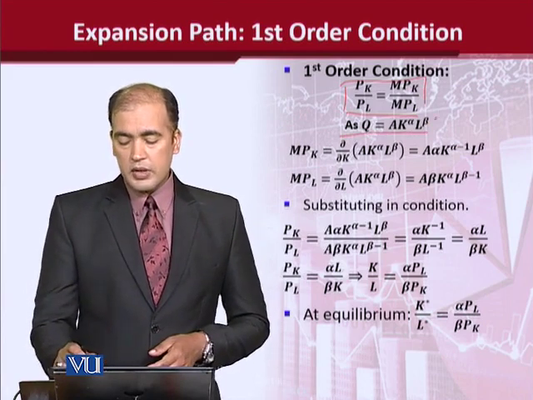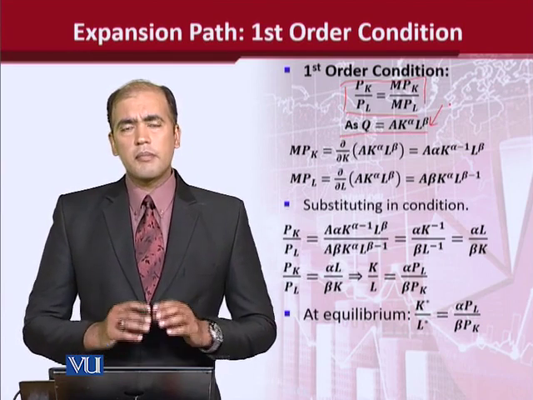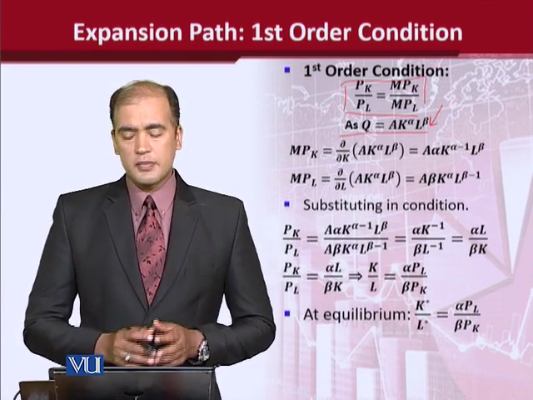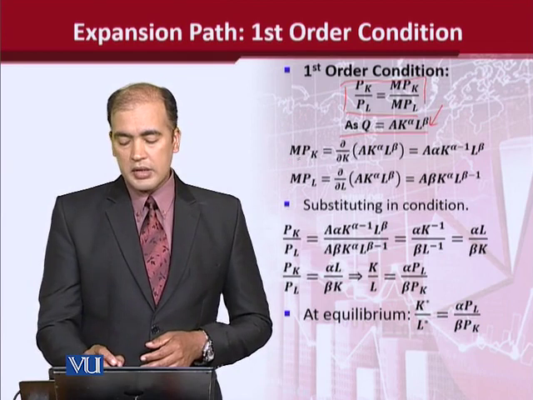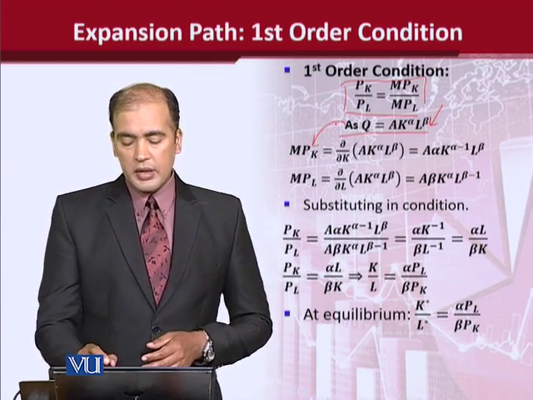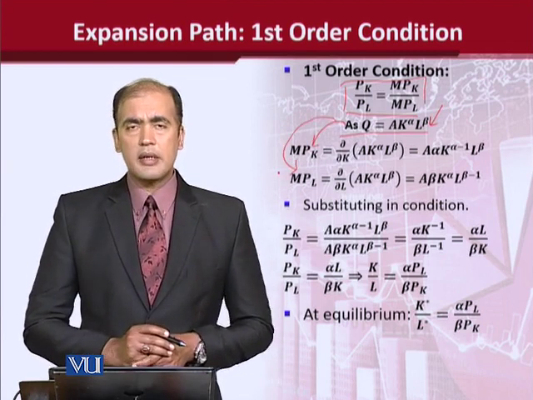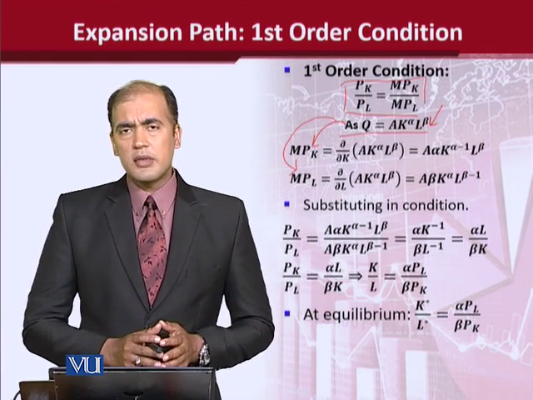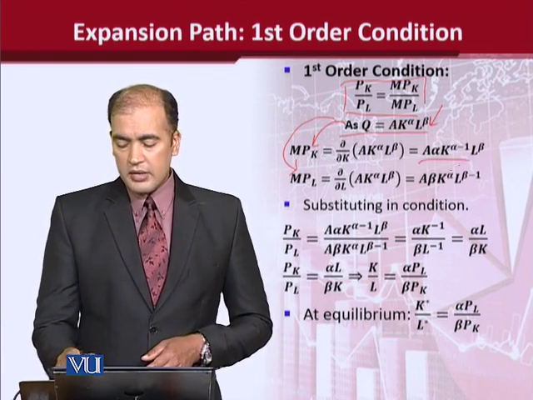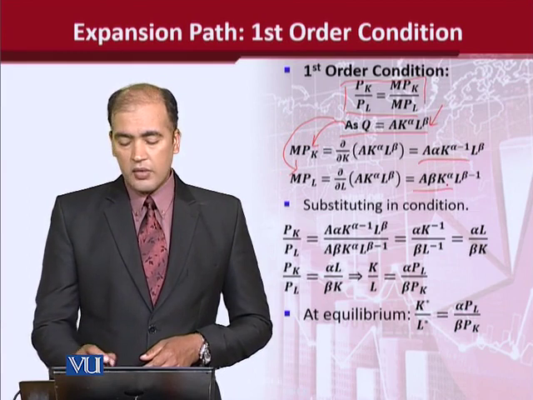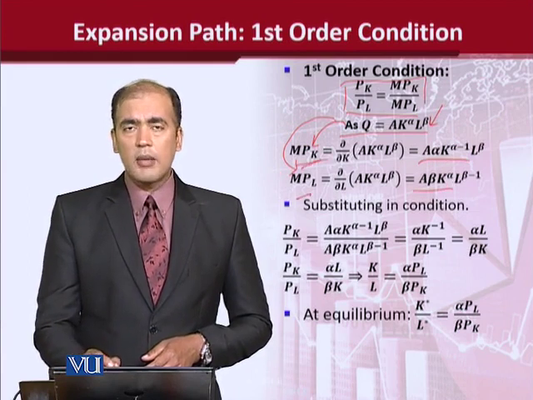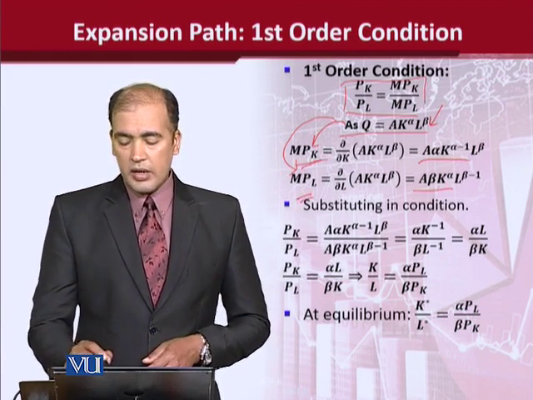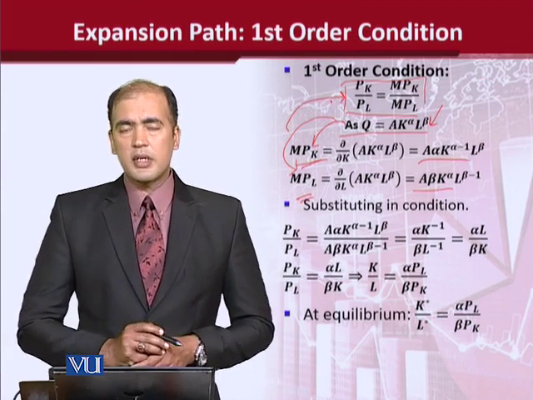So once we use the standard form of the Cobb-Douglas production function, it looks like this. And if we can find the values of MPK and MPL, we can put them into the condition. And here they are, the values that have been calculated of the marginal product of capital and marginal product of labor. And they have been put back into this condition.